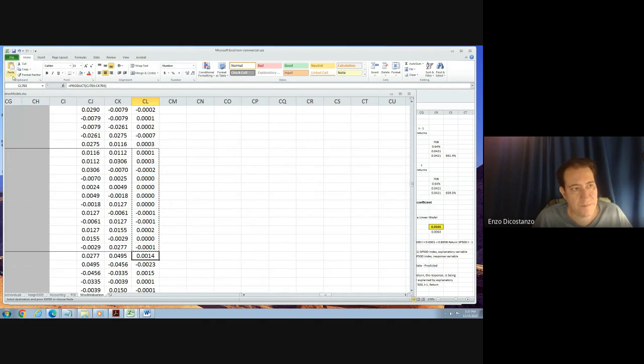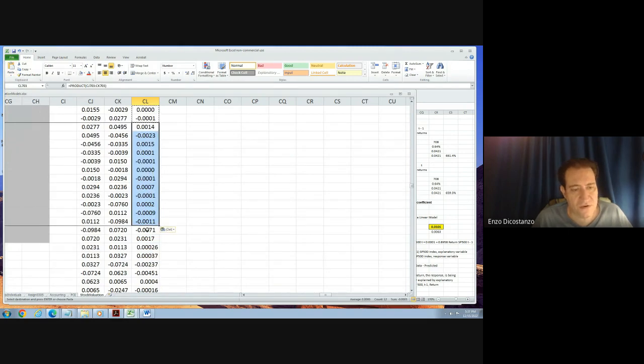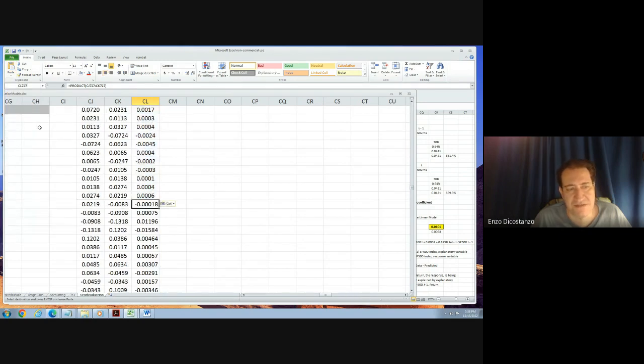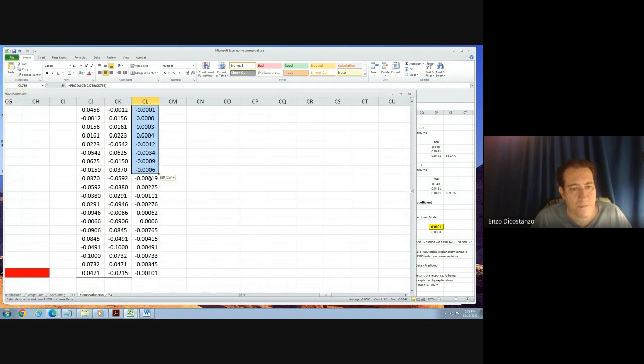Copy. Paste R. See, so you're learning. This is the real computer science stuff, folks, doing stuff like this. There we go. And then escape. Okay.